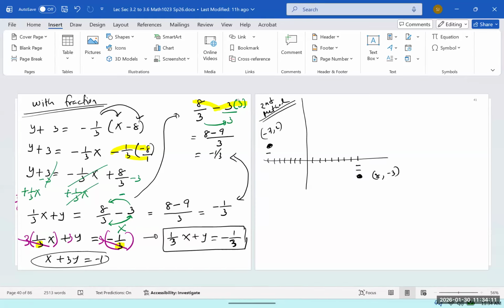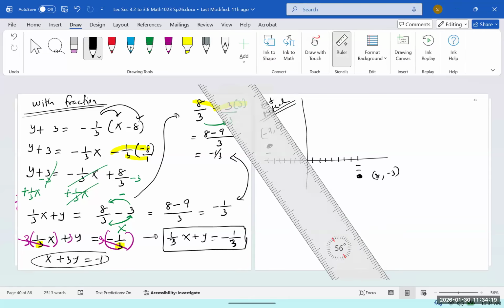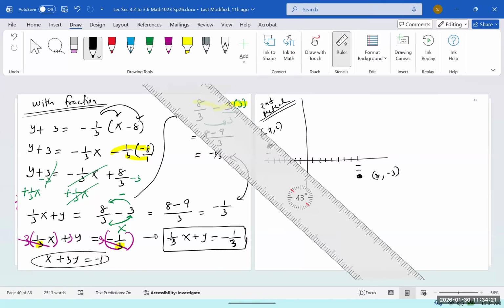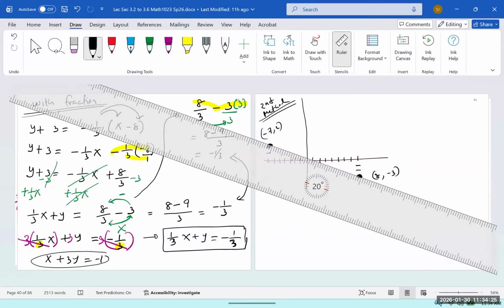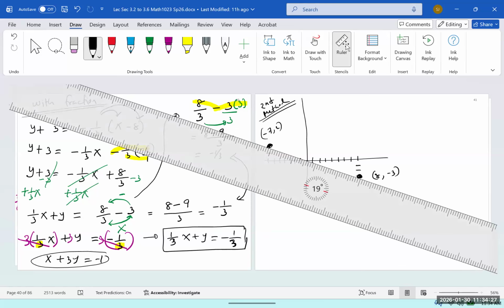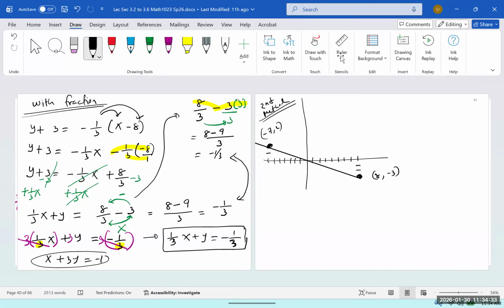So you connect them with a straight line. And then you find the equation in y equals mx plus b format.